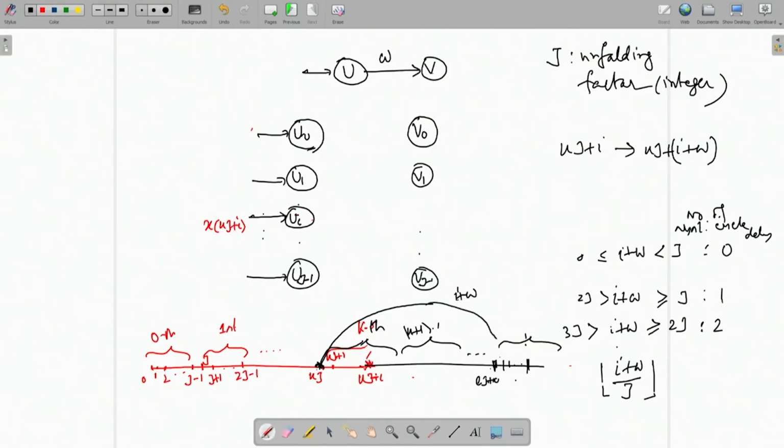suppose this was hitting here, the starting guy, then Lj plus 0, actually I plus w, or equivalently, actually you are dealing by w. I counted from kj for my convenience, but actually you are starting from kj plus I going by w.